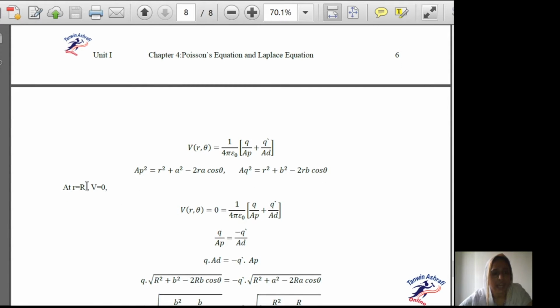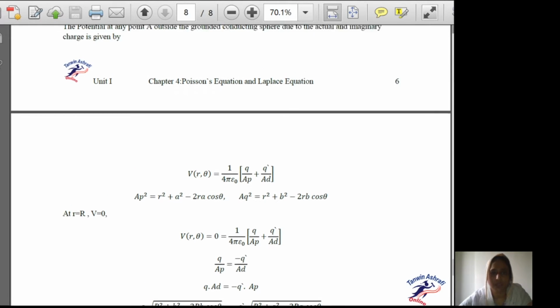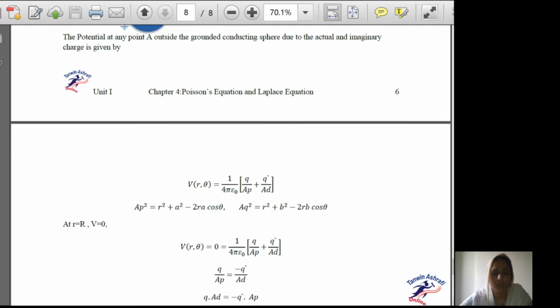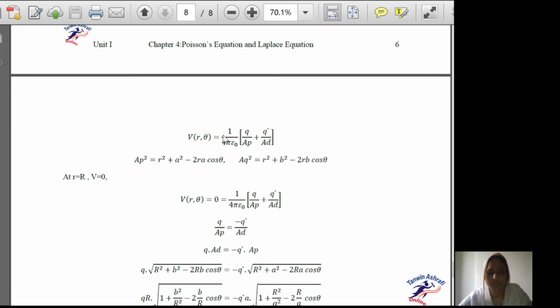Now at r equal to capital R, what have we said? We have said the potential is grounded, equal to 0. We have kept that at r equal to capital R, V is equal to 0. Therefore, setting the equation to 0, we find Q by AP is equal to minus Q prime by AD.